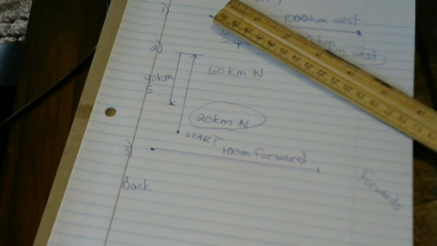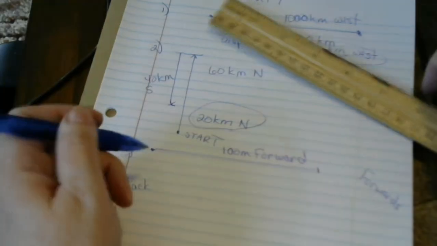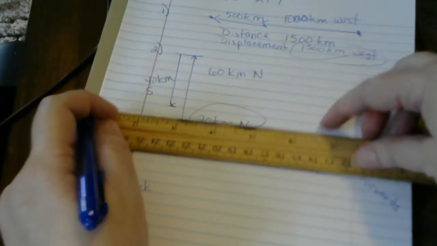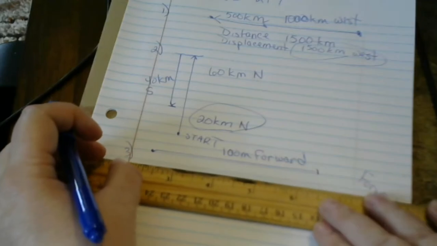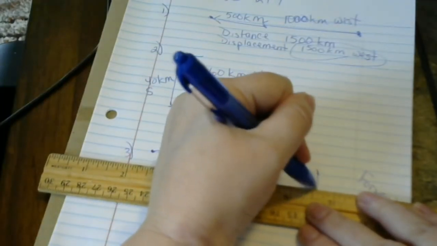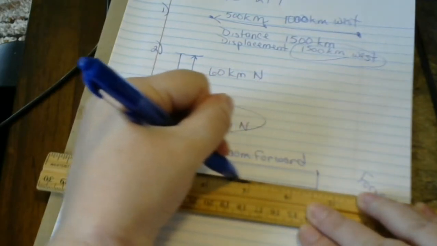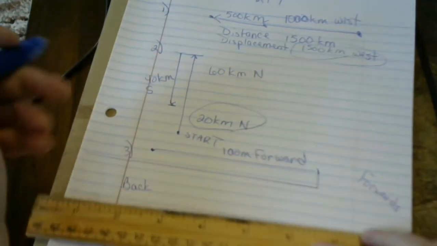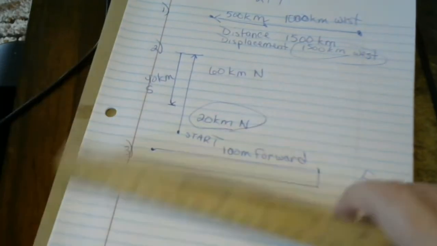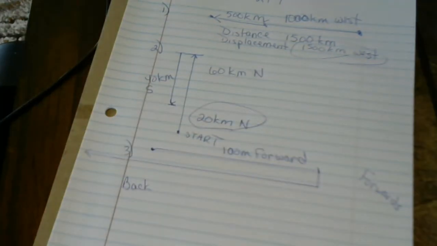And then 150 meters backwards. And I have drawn myself into a problem, but let's go with this. So we can go, that's still your start, and we're going to go 150 backwards. And that's where you're going to end up. Okay?